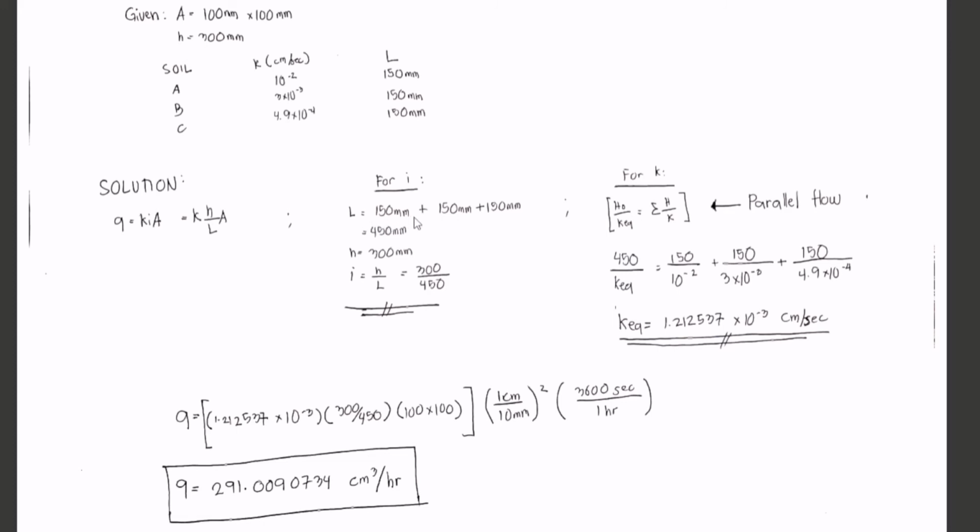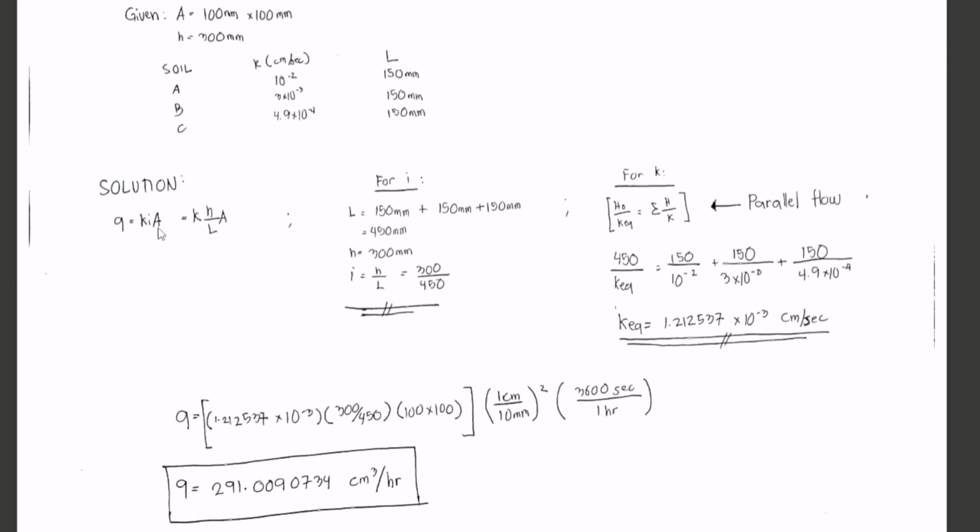So, 150 mm plus 150 mm plus 150 mm is equals to 450 mm. Tapos, yung head natin, which is given na 300 mm. So, I is equals to H over L, which is equals to 300 over 450.